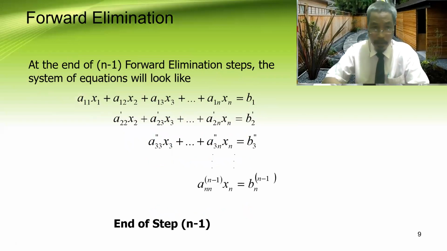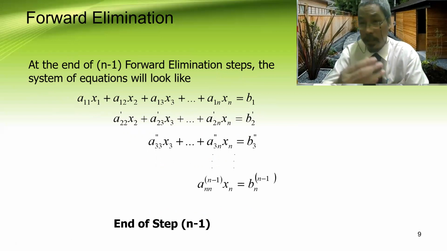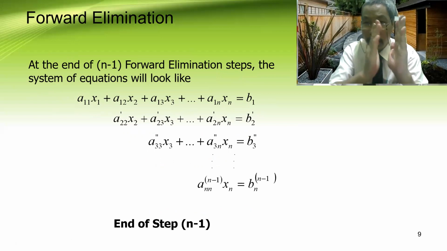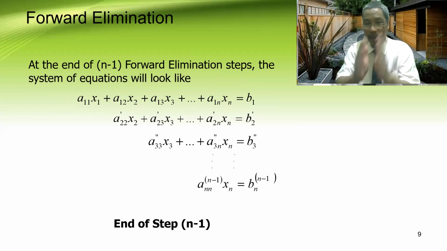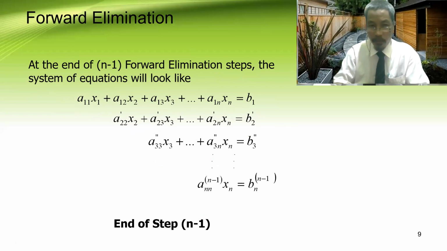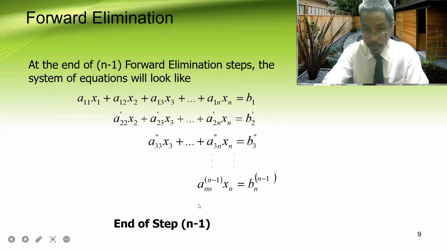So at the end of n-1 forward eliminations, we are eliminating one variable at a time, step by step, until the equation will look like this.